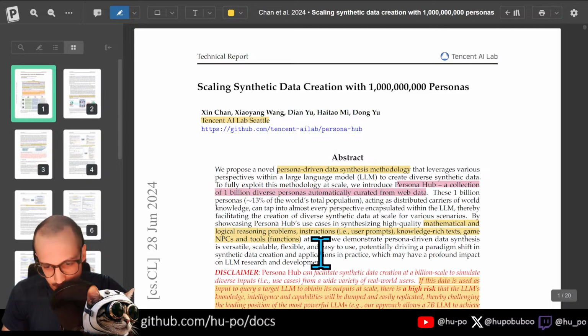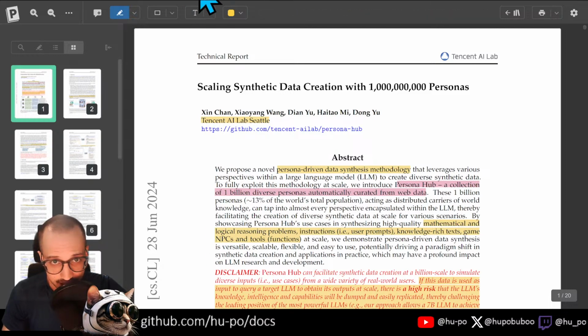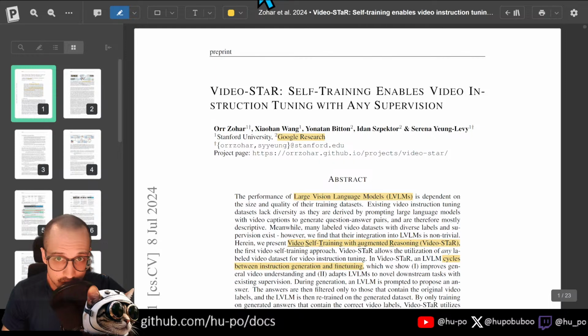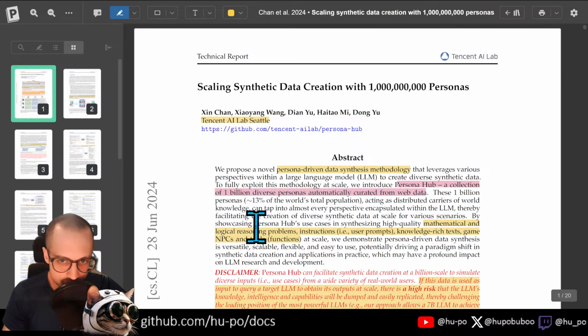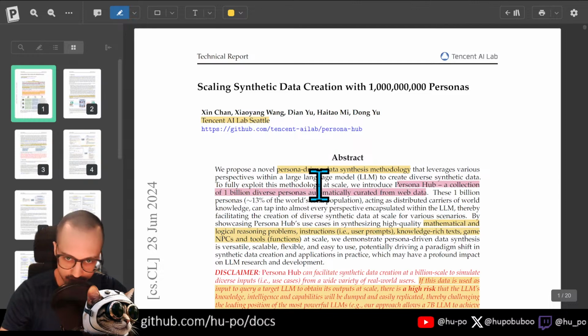All the big tech companies are working on synthetic data, and all of these papers seem to show very good promise. Everyone's working on synthetic data, and we're seeing results from it.